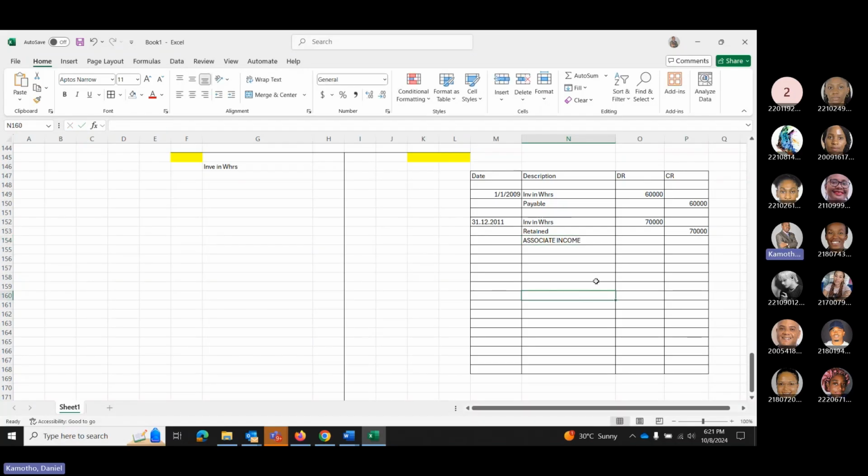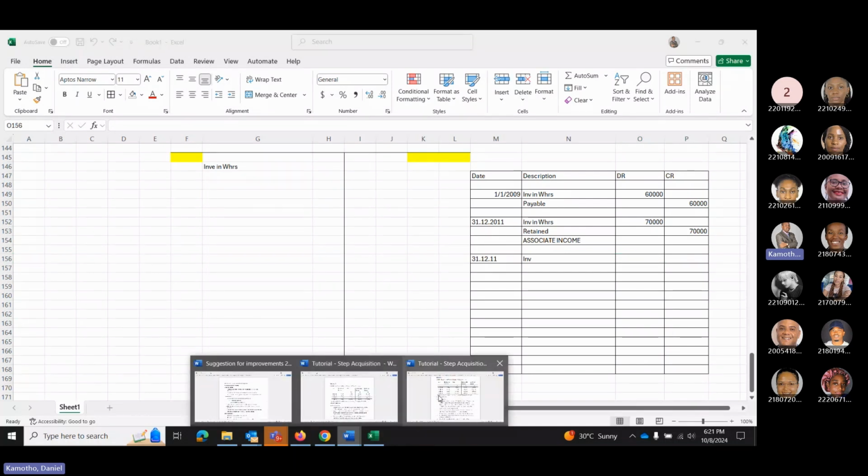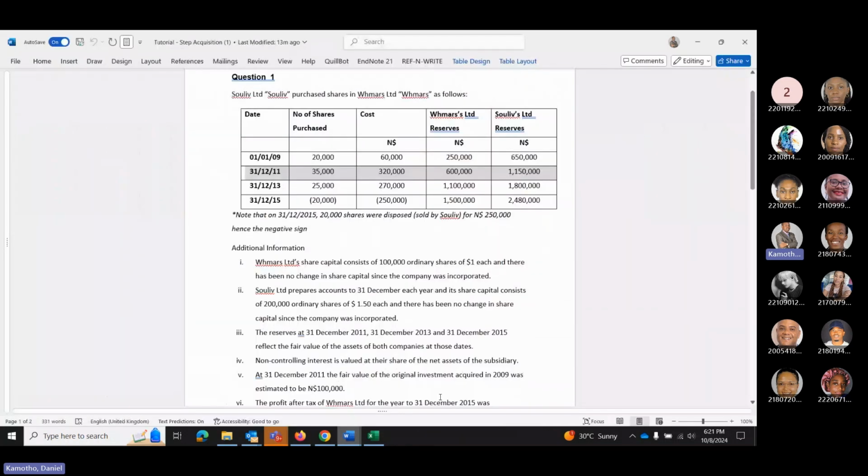On this date, now, they also invest on the 31st December 2011. They have another investment, which is in cash, to acquire it to become a subsidiary. So if you look at it, they bought another 35,000 and paid 320,000.